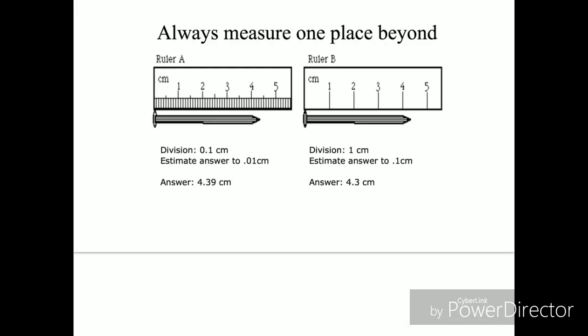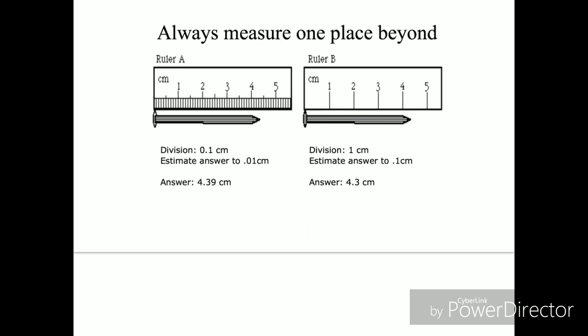Now here's another example that helps you see that different rulers that have different amounts of graduations will give slightly different measurements for the same object. So here, ruler A has more graduations.